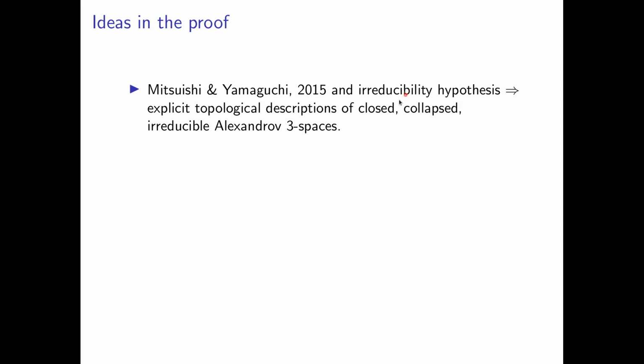May I ask a question? Sure, please. If you take the suspension over a flat torus, I guess that would be an example, all right? No, because the torus cannot be the equator of a spherical suspension, because it has infinite fundamental group.